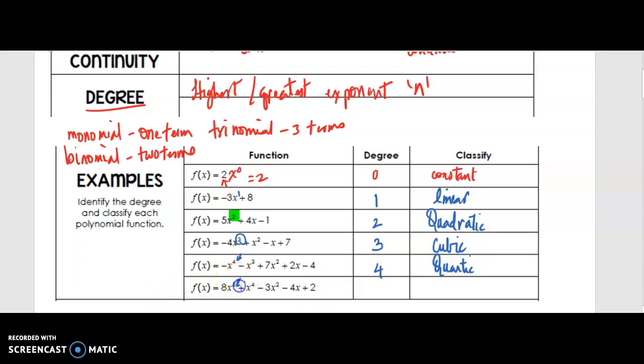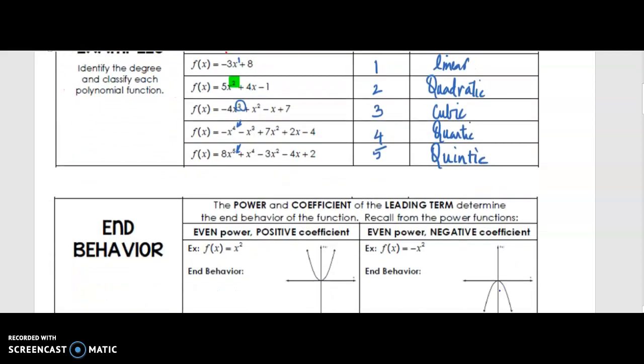And x to the 5 is degree 5, and you call that a quintic function, okay, and so on and so forth.